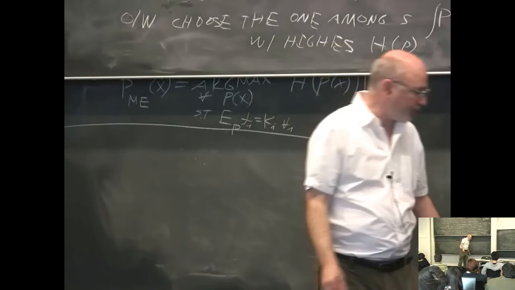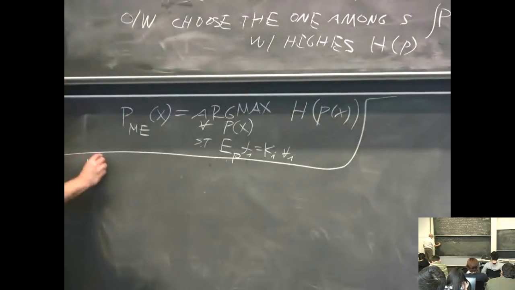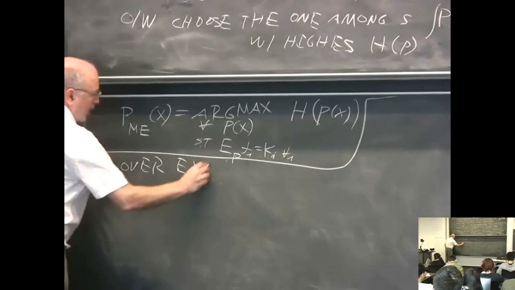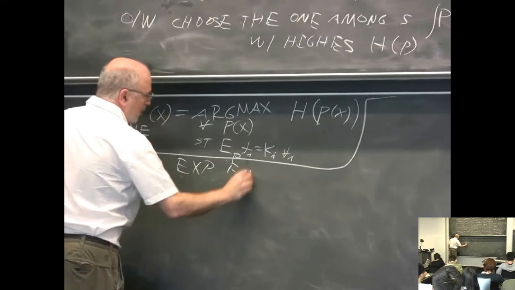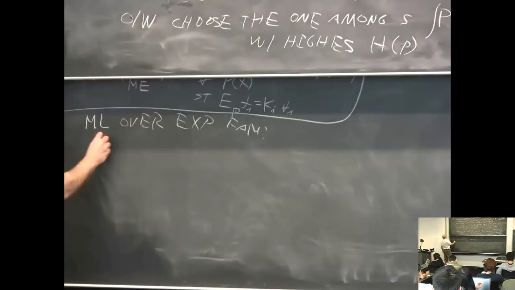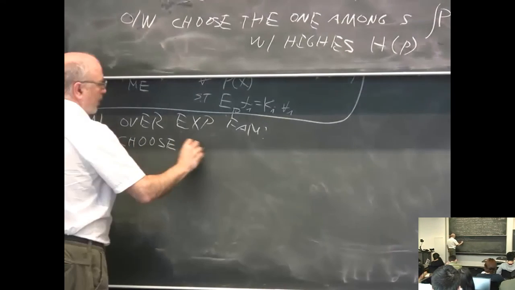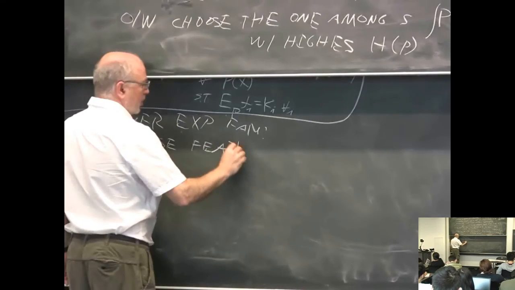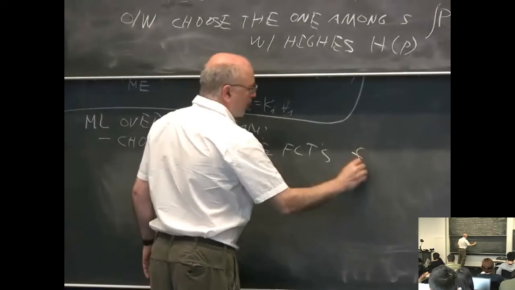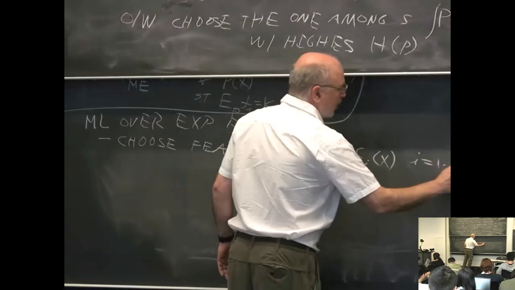So now let's talk about the maximum likelihood framework. Maximum likelihood over exponential family. You start from the same starting point. Choose features, feature functions, fi of x, i goes from 1 to n.